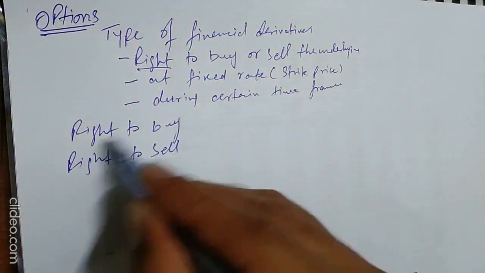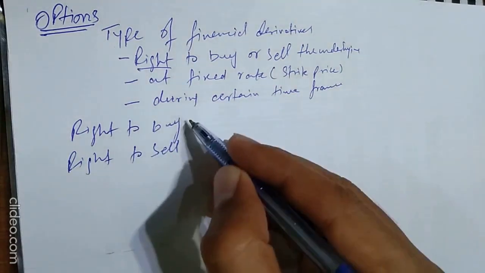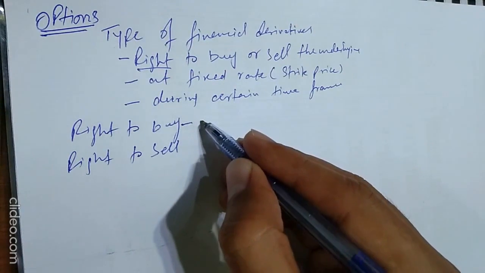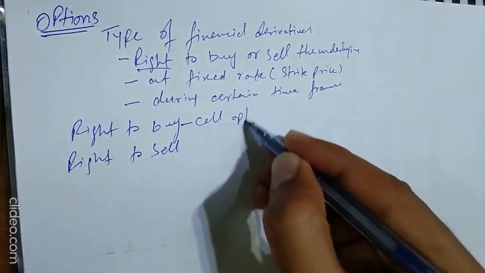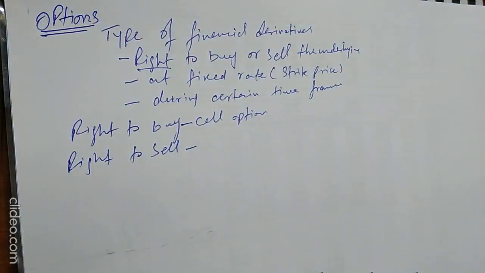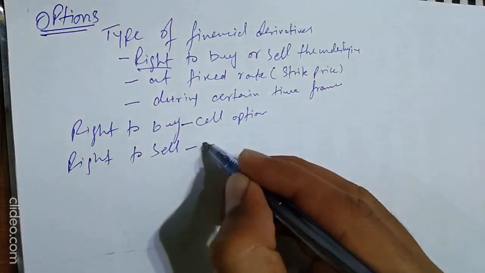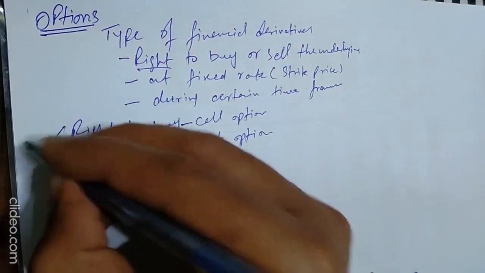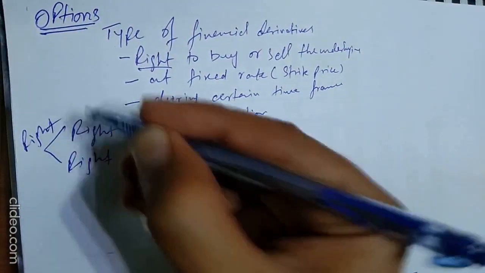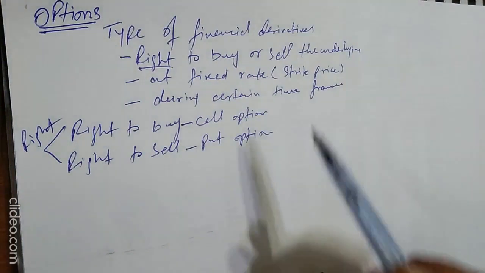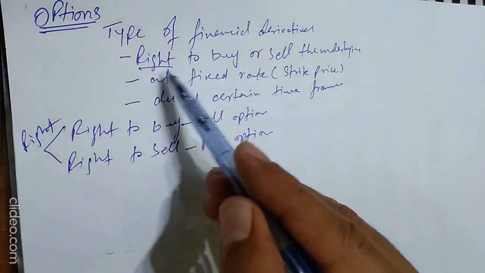The option in which the holder can purchase the right to buy is called a call option, and the option in which the holder has a right to sell is called a put option. So on the basis of right, there are two types of options: call option and put option.